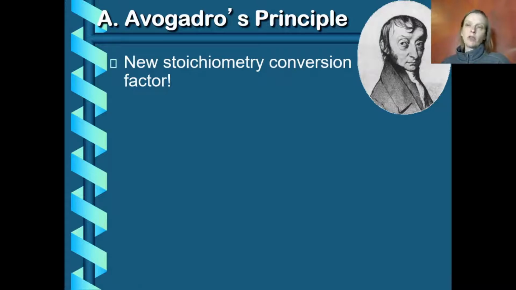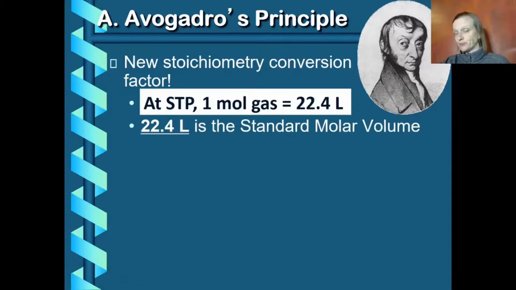Avogadro discovered that when he had 1 mole of a gas, it had a particular volume under standard conditions. So he gives us a new stoichiometry conversion factor.